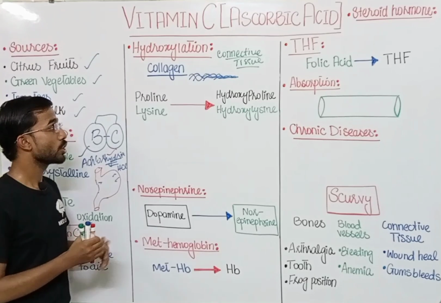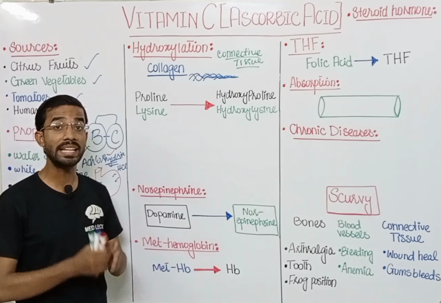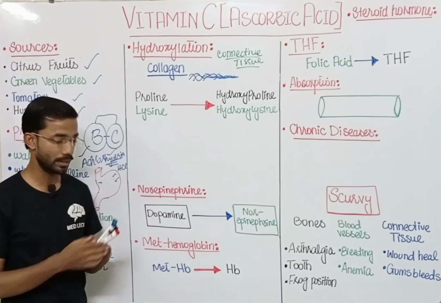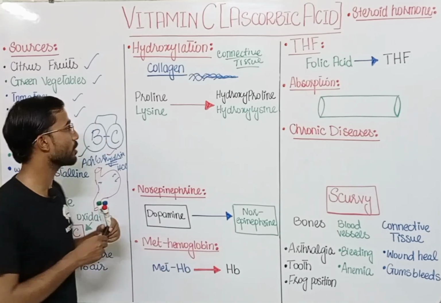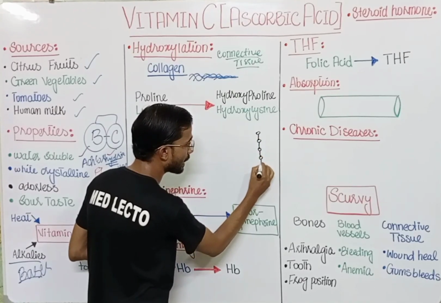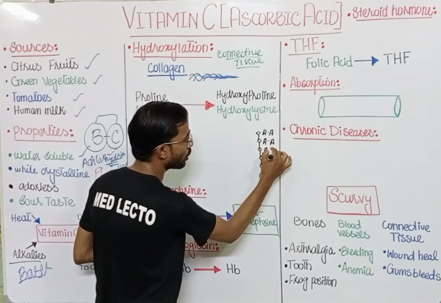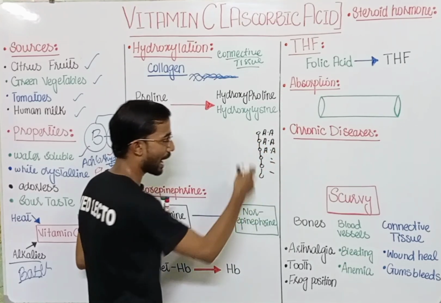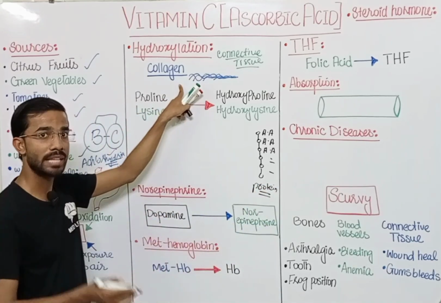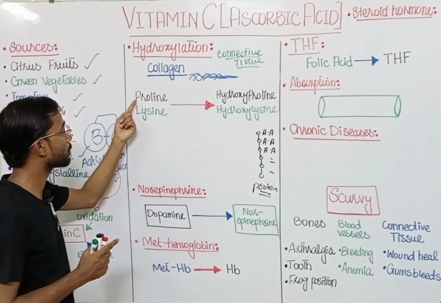So what is the role of vitamin C in the formation or stability of collagen? Collagens are proteins, and as we know, proteins are made up of amino acids. A lot of different amino acids attach, and you will see the formation of proteins, and collagen is a protein. The two most important amino acids are proline and lysine.